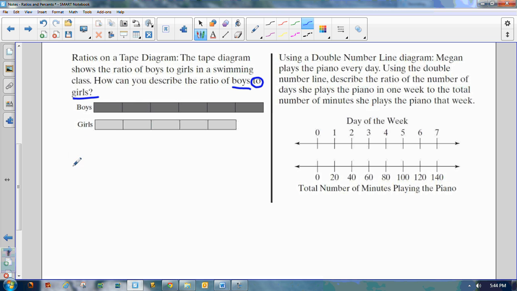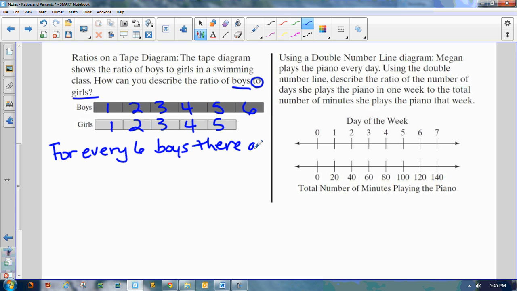Well, in order to do this, we first need to count out our segments. We have 1, 2, 3, 4, 5, 6 boys, and 1, 2, 3, 4, 5 girls. Here we have the scenario that for every 6 boys, there are 5 girls.